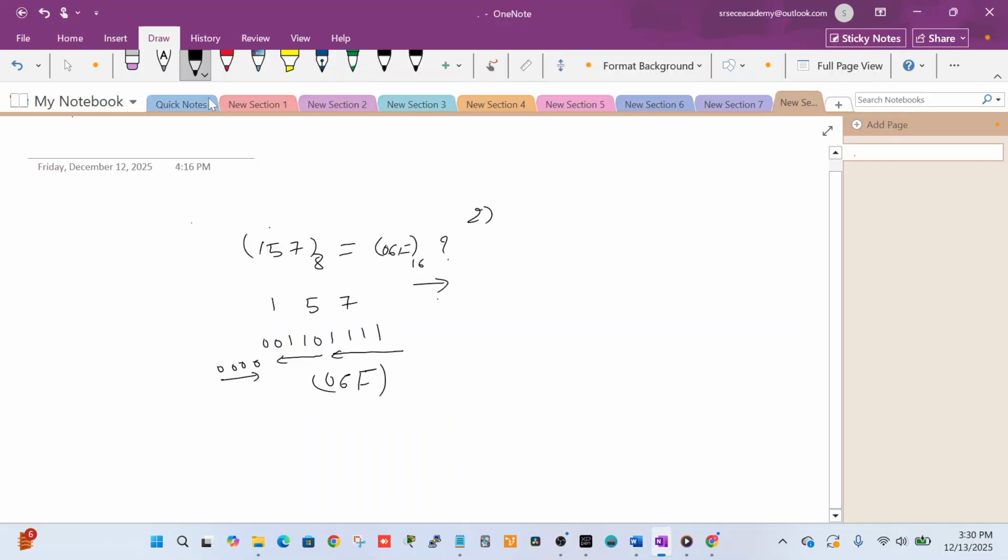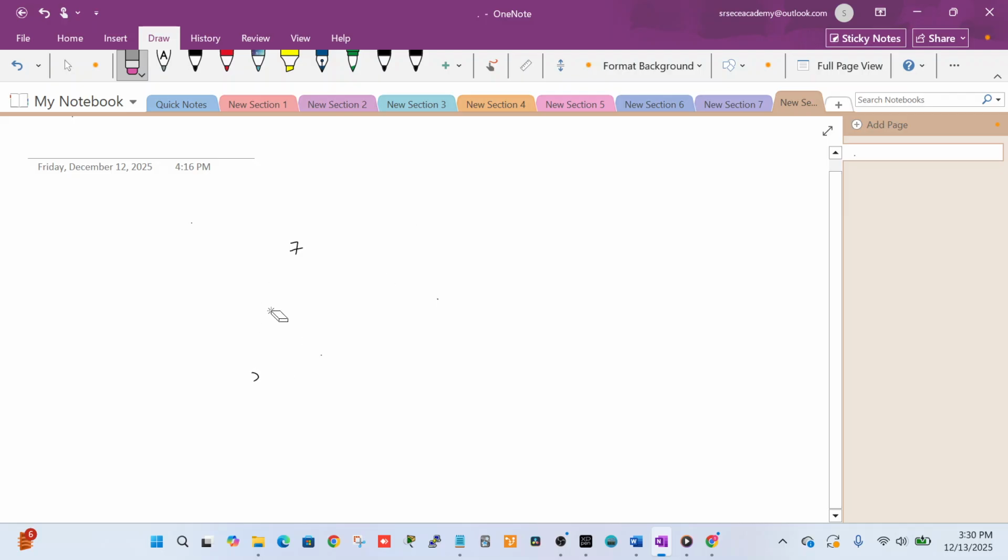Here we convert to hexadecimal. Represent each octal digit in binary: 2 is 0 1 0, 4 is 1 0 0, and 3 is 0 1 1. Now group 4 bits.